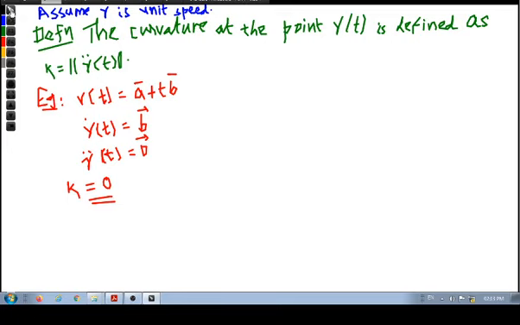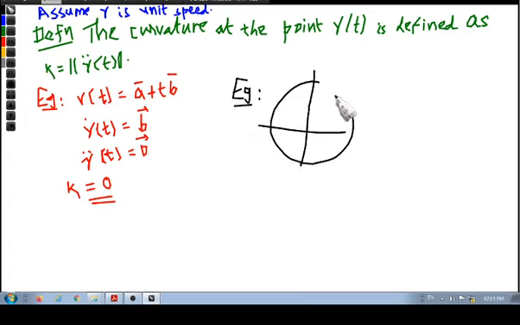Let us do another example. We take a circle of radius r centered at the origin in R2. Radius is r. So what is the parameterization?